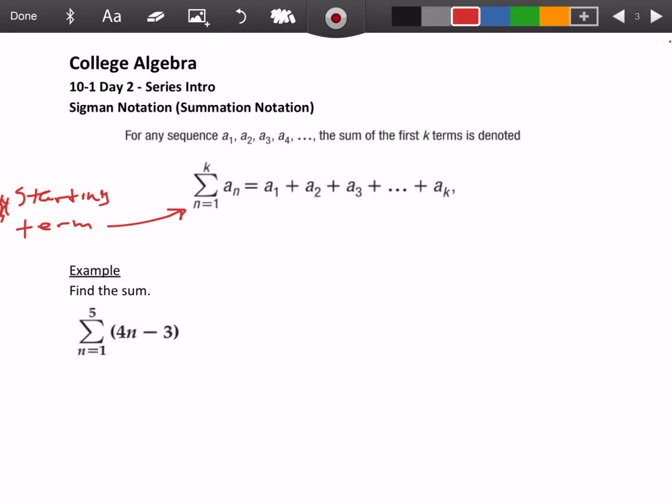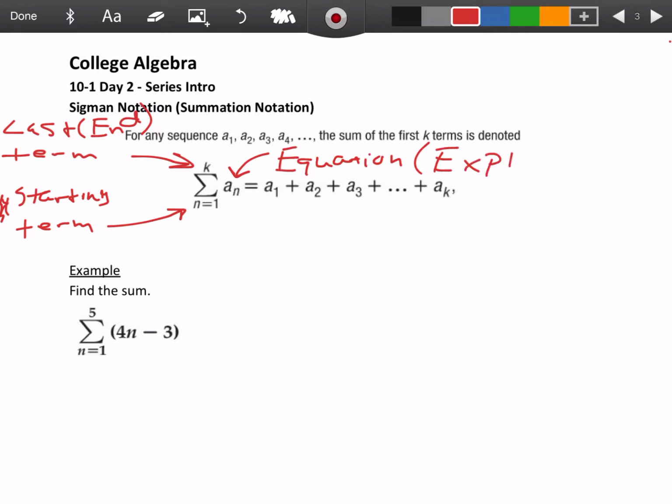We could start at that one. And then we'll put last term here, or maybe our ending term is maybe we might end before the sequence actually ends. This a of n, that is the equation that we're going to use. Okay, and that could be explicit or recursive. It doesn't matter.